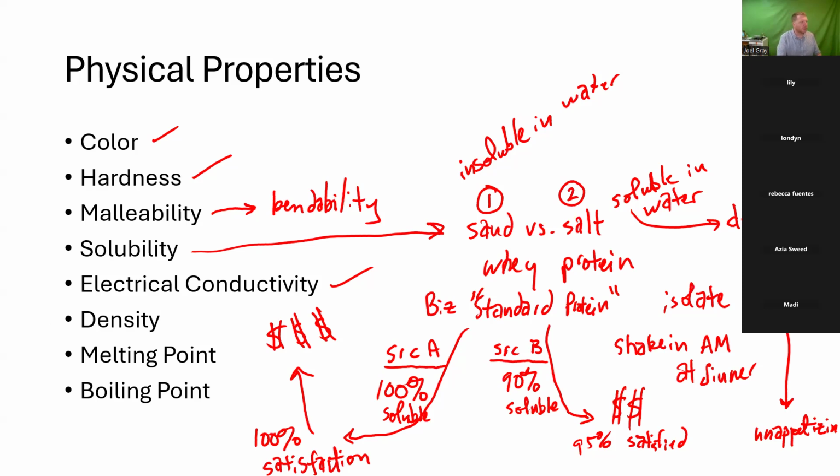Okay. The next physical property that I wanted to talk about was density. Whenever I think of density, for some reason, the things that come to my mind are a masonry brick, like a brick for building a house, versus the exact same size styrofoam block.